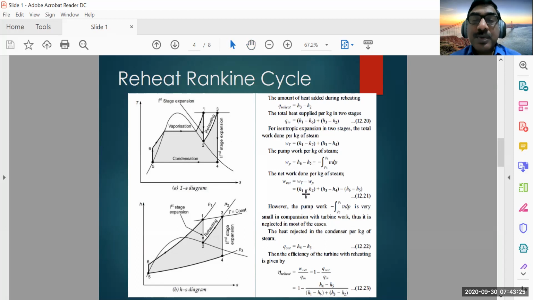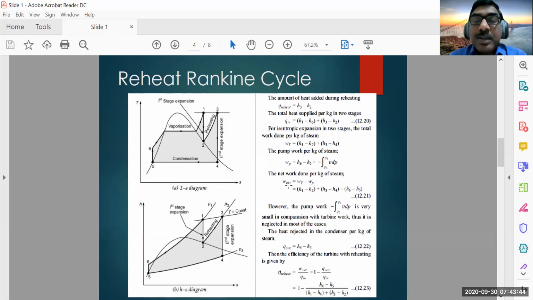And the pump work is this one, as usual. This is the difference of these two, equal to the integration of VDP between the pressure P1 and P4, or P1 and P3, whatever this pressure is there.